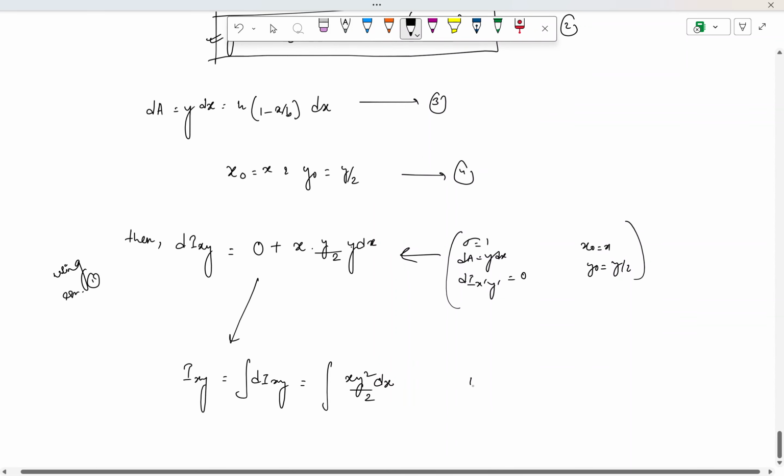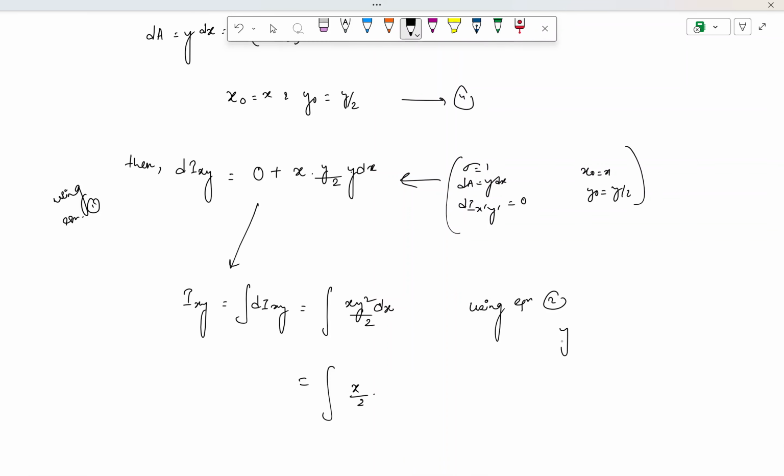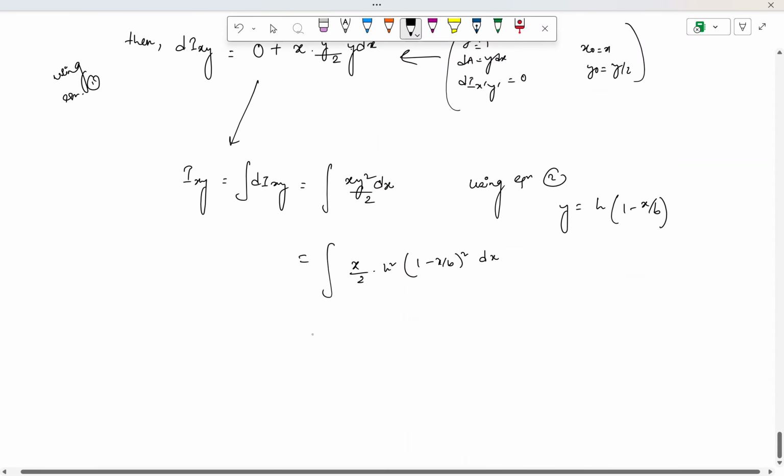So this is x by 2 and y is h times 1 minus x by b. So y squared will be simply h squared times 1 minus x by b whole squared, dx.